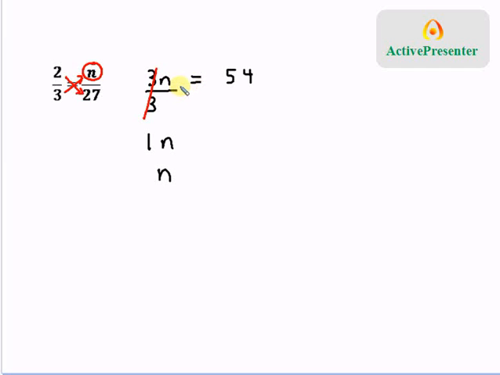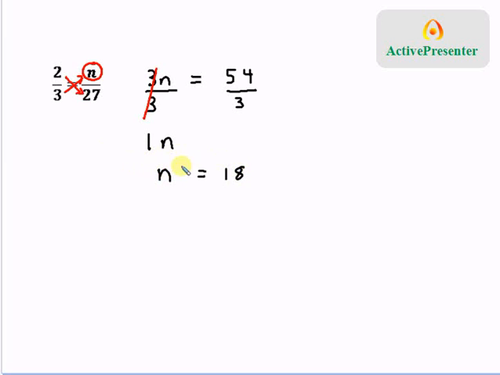Now, the third rule that we had was that we have to make sure that whatever we do to the left side of the equation, we also do to the right side of the equation. So we'll make sure that we divide 54 by 3 as well. 54 divided by 3 gives us 1, because 3 goes into 5 one time. That leaves us with 2, 24, 18.